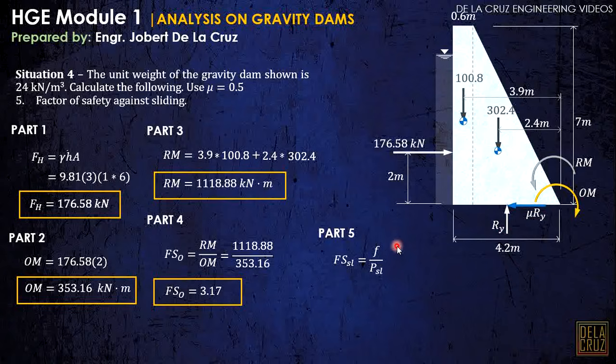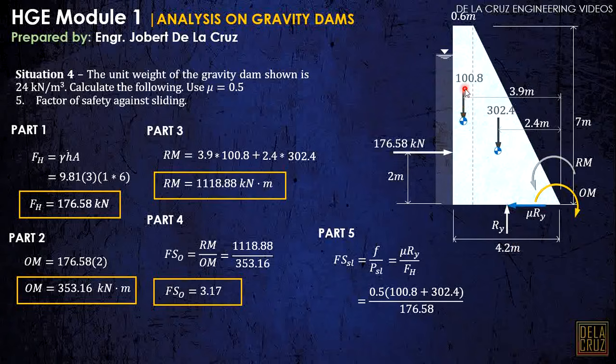And that is mu, and the normal reaction here is the Ry. Okay, so here we can substitute this dito. Or we can say that the frictional factor of safety against sliding is mu Ry over the PSL natin dito, yung magpapaslide sa ating dam, is the hydrostatic force na kinimpute natin, which is this one. So, substitute. We have mu here, 0.5. And by the way, yung Ry natin dito, just sum up forces vertical lang.